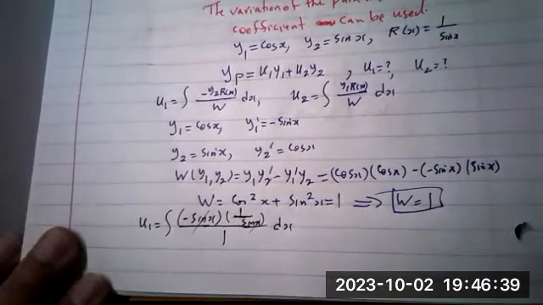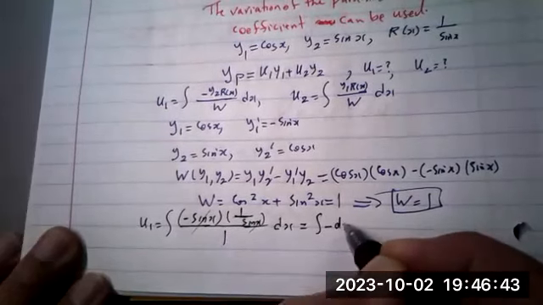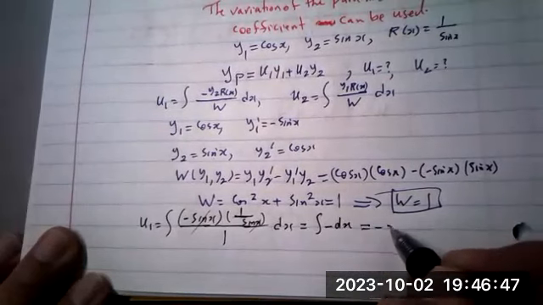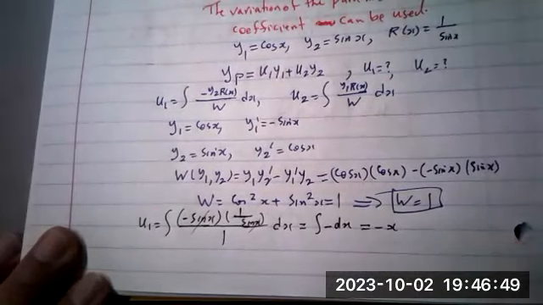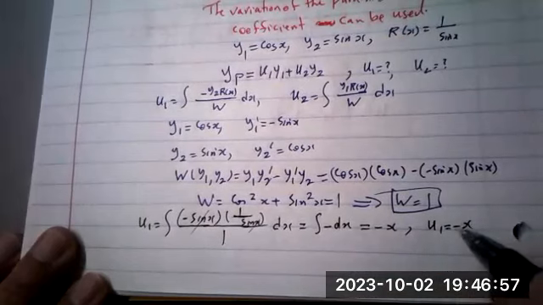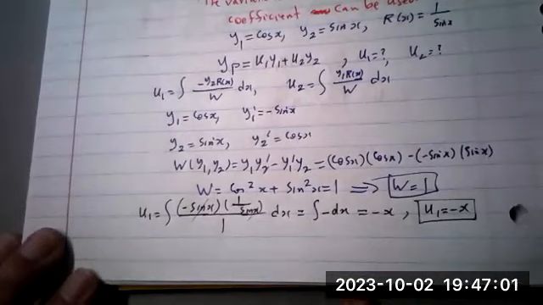Sine and sine cancel out, and you get the integral of negative dx, which is negative x. No constant c. Remember, it's a particular solution, not the general solution. So u1 equals negative x. Any question?